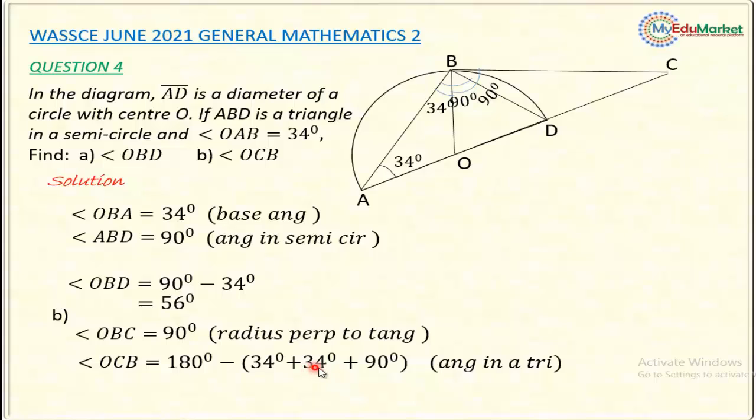Subtracting these three angles from 180, the answer will be 22 degrees. So angle OCB is 22 degrees.